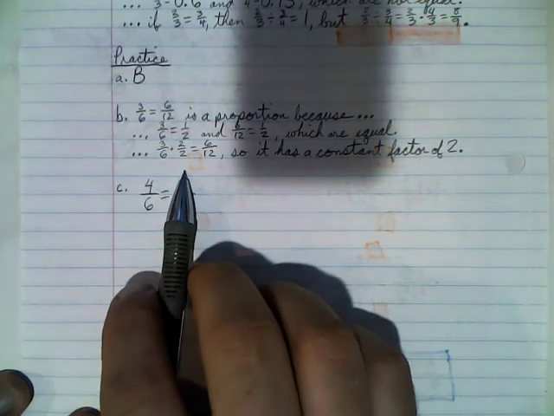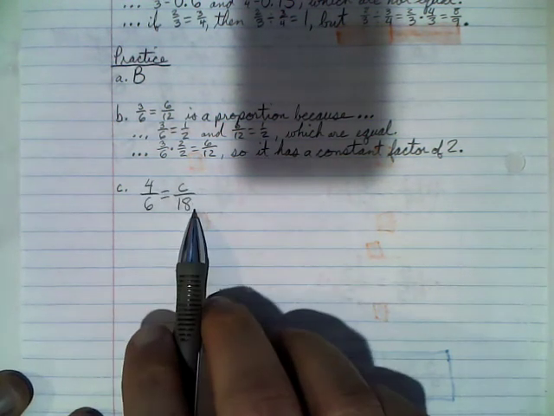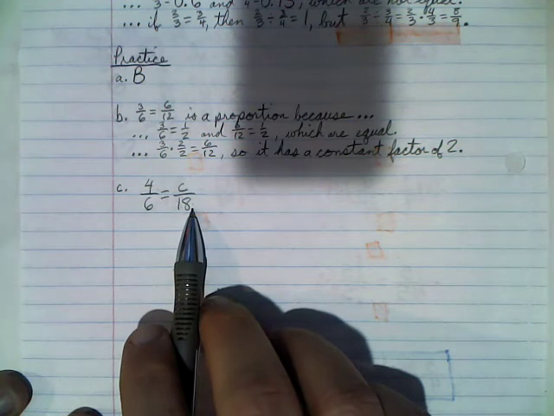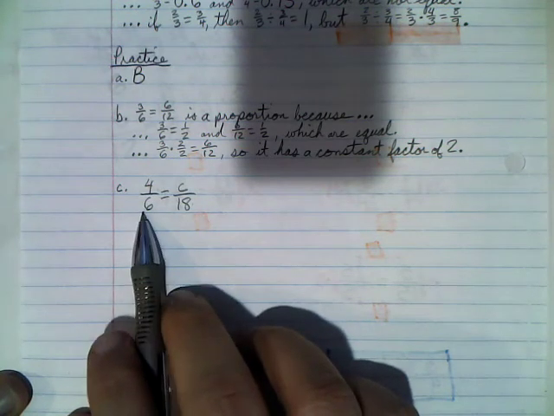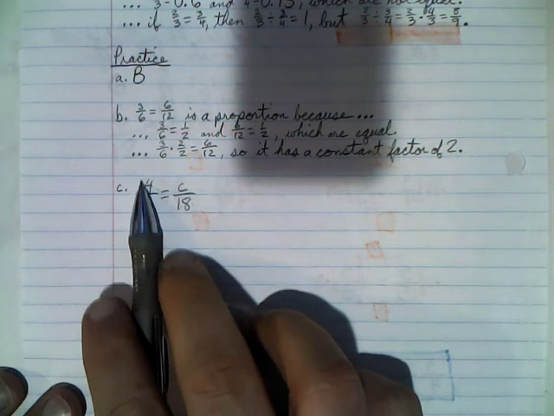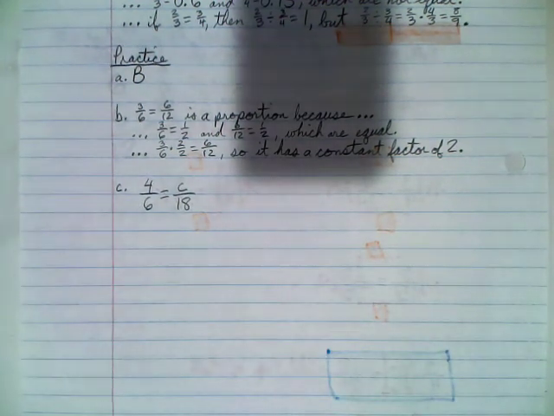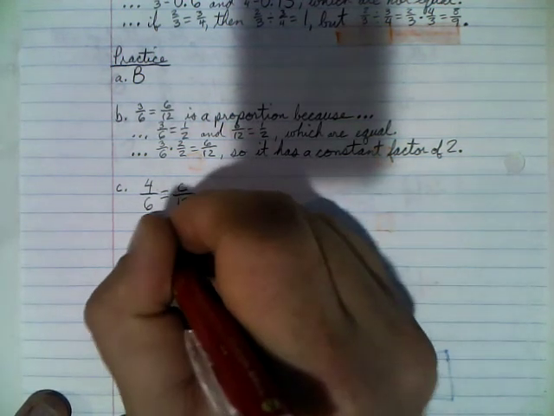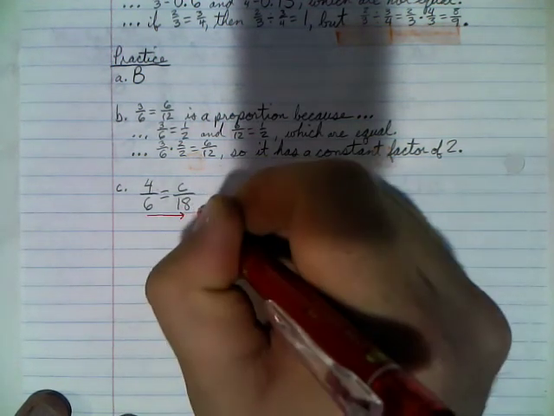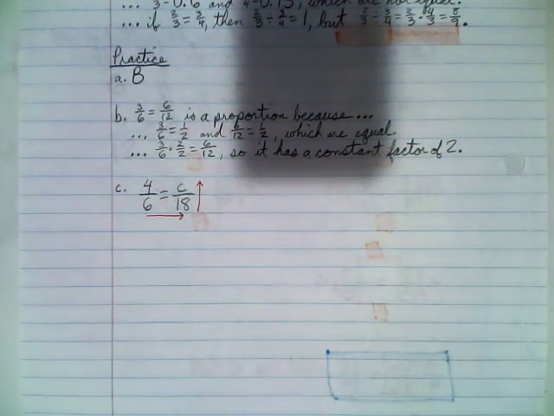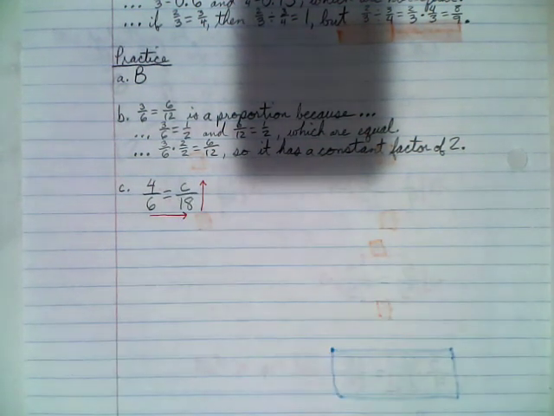So again, it's going to have the same relationship of left to right. You're multiplying or dividing by the same thing. If we go right to left, multiply or divide by the same thing. Whether you're going up or down, multiplying by the same thing. So guys, in general, what we want to do here is either move to the right or move up, because we really want to move towards C, towards that letter.